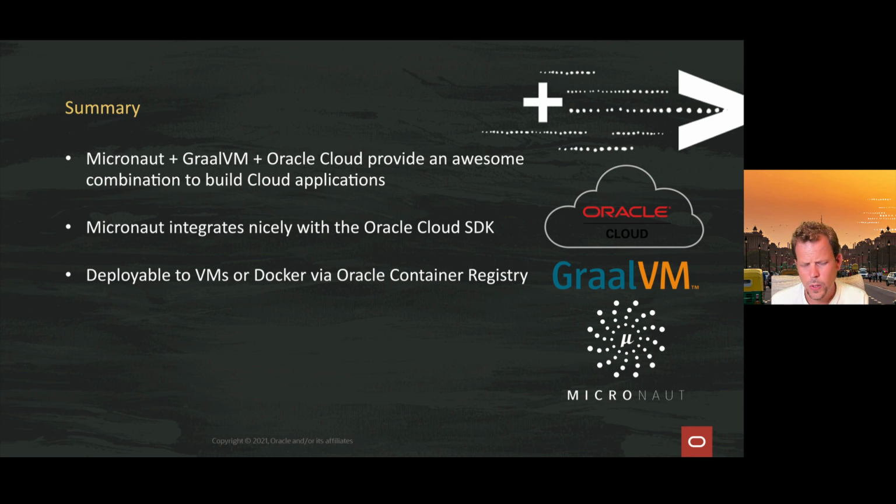You can deploy Micronaut to VMs directly or via Docker to Oracle Container Registry, and then run Micronaut on Kubernetes or OKE, the official Kubernetes implementation on Oracle Cloud. So lots of possibilities opened up to building cloud applications with Micronaut and running them in a performant manner on GraalVM in Oracle Cloud.